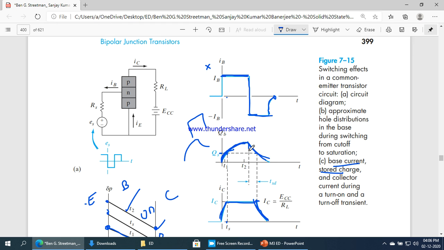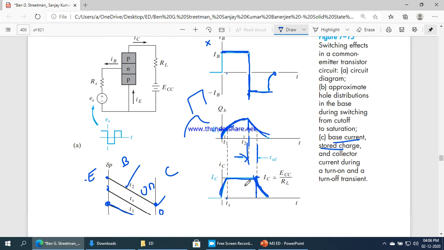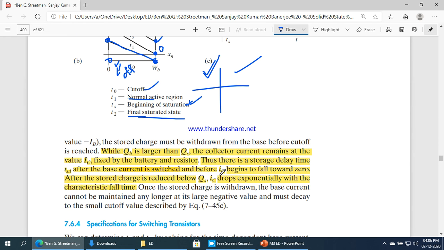Here the base current at this point is zero, that is the negative pulse we are applying, but at this point the collector current is decreasing. The time from here to here is the time TSD. While QB is larger than QS, the collector current remains at the fixed value IC, fixed by the battery and resistor.